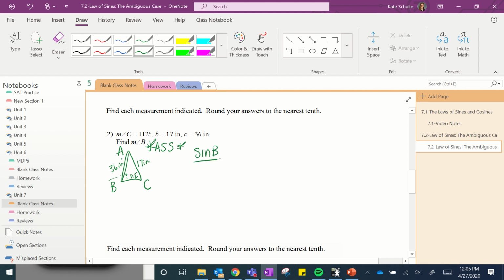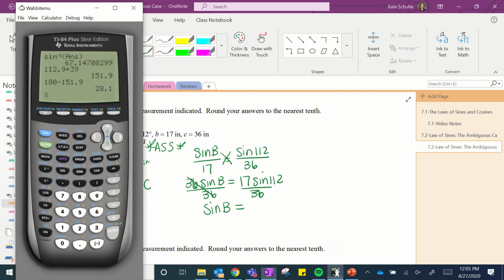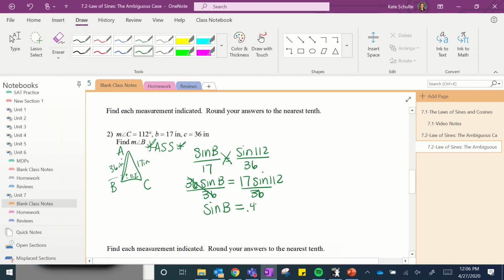So sine of B over 17, those are across from each other, equals sine of C, which is 112, over 36. So now I can cross multiply. 36 times sine of B equals 17 times sine of 112. Divide by 36. Sine of B equals, this I can do on my calculator, 17 sine of 112 and then divide by 36 is 0.44, but again, I'm going to use that whole decimal.